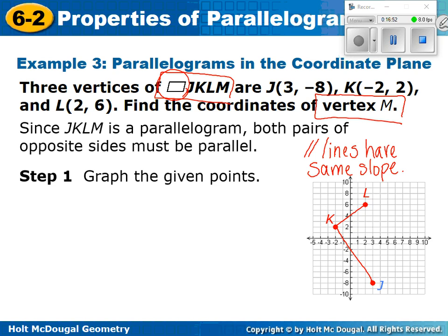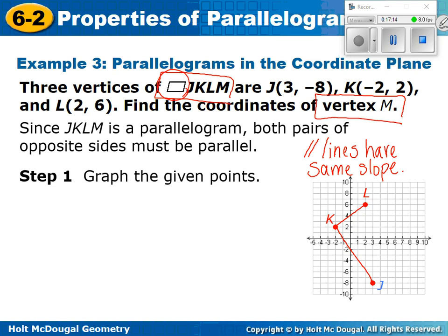Does that make sense? You want to draw in the sides that are opposite with the same slope. So either find the slope from K to L and do the same thing from J to get this side, or find the slope from K down to J and then go up to L and do the same thing to get to M. Do you want to do the shorter KL slope or the longer JK slope?